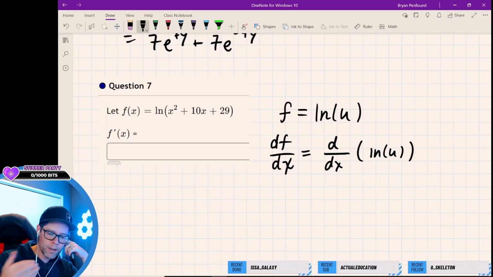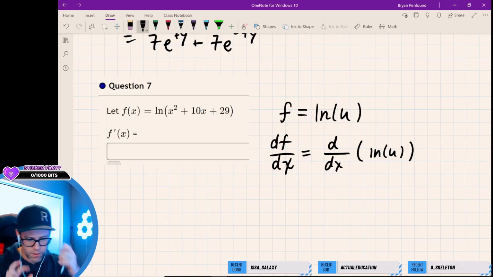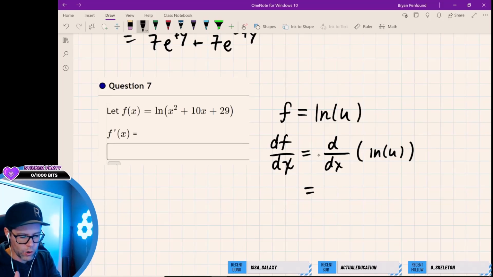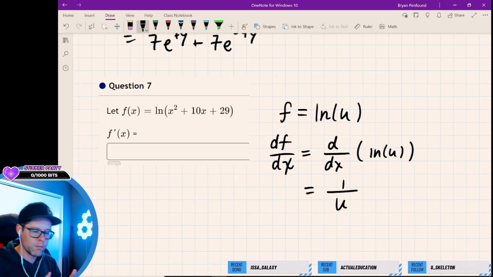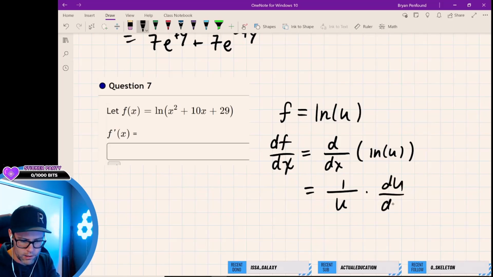I'm assuming here that u is a function of x, so using the chain rule we get 1 over u, the derivative of the logarithmic part, and then via the chain rule we get a du dx.